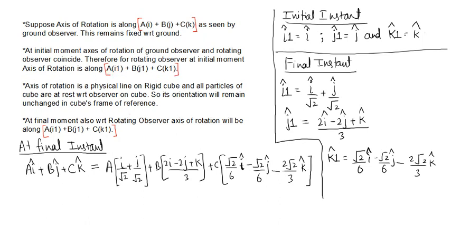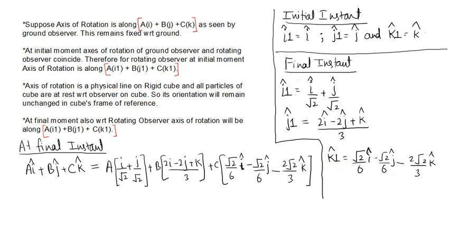But we know that at the initial moment i1 cap is equal to i cap, j1 cap is equal to j cap and k1 cap is equal to k cap. And at the final instant we have already calculated the unit vectors along the x, y and z directions of the rotating observer. So i1 cap is equal to i by root 2 plus j by root 2. Similarly j1 cap was this, and all this we have already calculated.